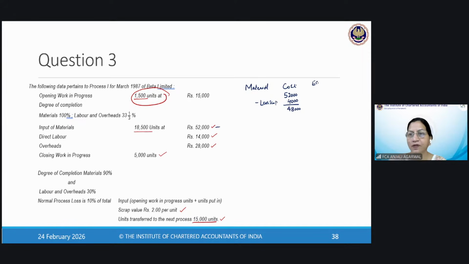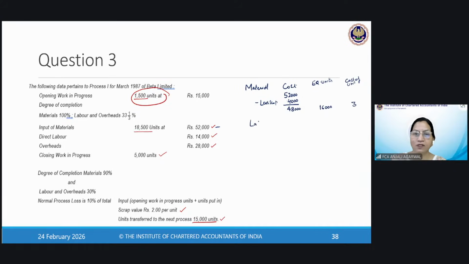What is the equivalent units of material? 16,000. So what is the cost per unit? This is your statement of evaluation. Cost per unit for each element. Okay. 48,000 divided by 16,000, 3 rupee per unit.